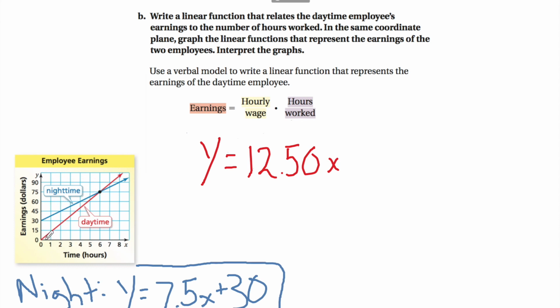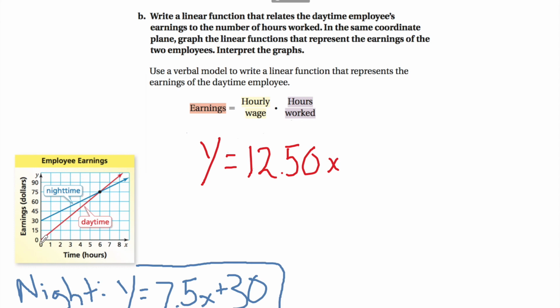The daytime employee, his equation is y equals 12.5x, but his y-intercept is 0 because it's a proportional relationship. So, what does this mean? Who makes more money? Well, it depends. The graph shows that the daytime employee has a higher hourly wage, but does not earn more money than the nighttime employee until each person has worked more than 6 hours.